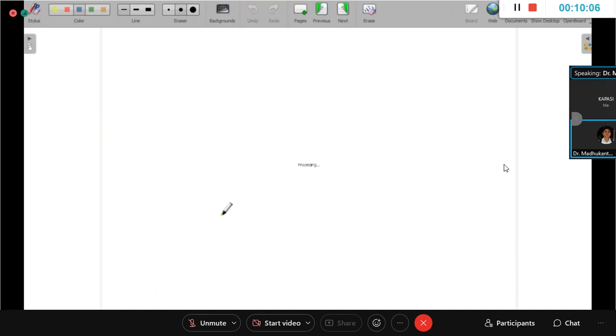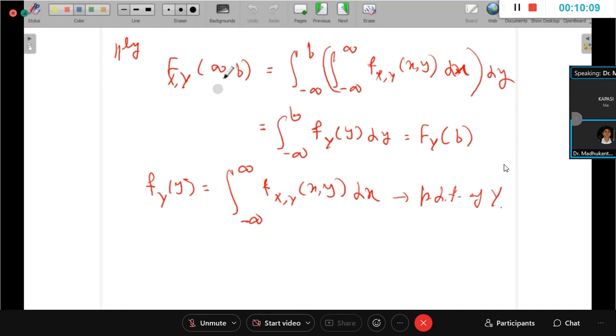If you are integrating the joint PDF with respect to x over the whole sample space, then it will give you the marginal PDF of y. Okay, right.